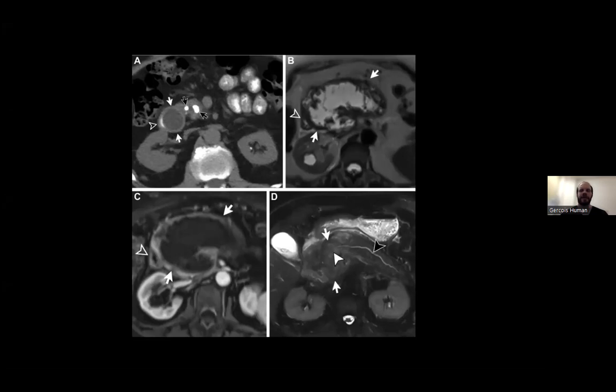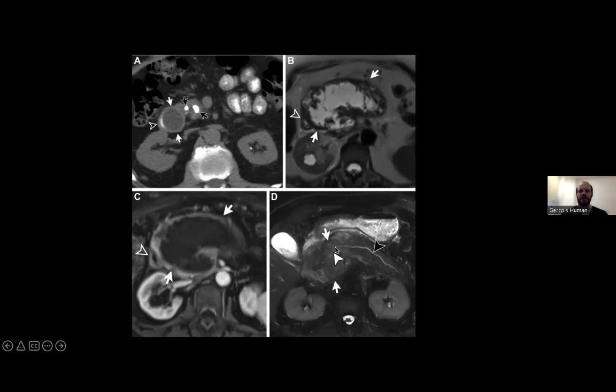In image D, we have a mass-forming pancreatitis. This is a fat-sat image, and then we can see expansion of the pancreatic head as indicated by the arrow. So this is all pancreatic head, and there was a mild irregularity of the pancreatic duct as indicated by the black arrowhead, and then the white arrowhead was showing the penetrating duct sign.